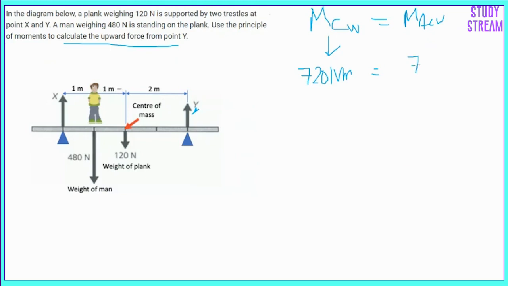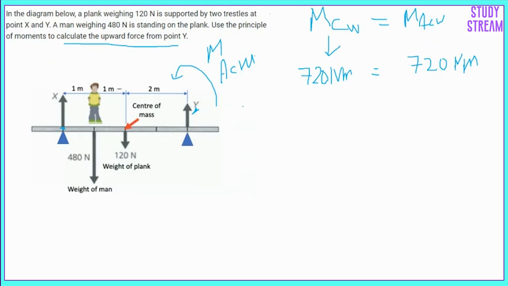So it's 720 here and 720 in the anticlockwise. If we take moment about X as our pivot, we said that this Y will cause anticlockwise moment, right? And actually it's the only anticlockwise moment.